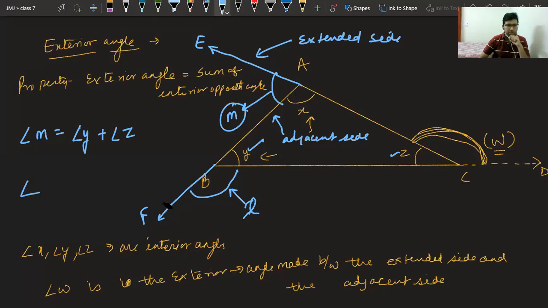L is equal to how much? Class, please answer. Very good, Lavya. This L is equal to the sum of interior opposite angles. Very good, Kavish, Ashmit, Nitin. It is X plus Z.